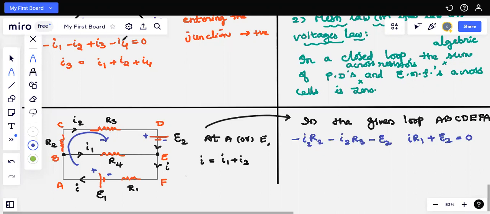So the sign convention I am writing here: positive, measuring PD in opposite direction to the current flow.